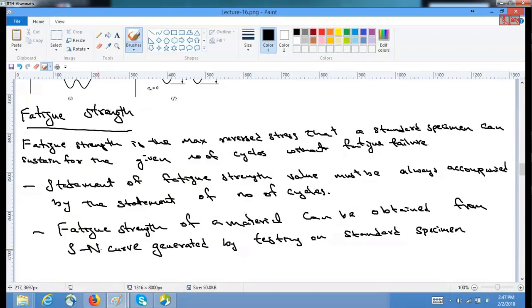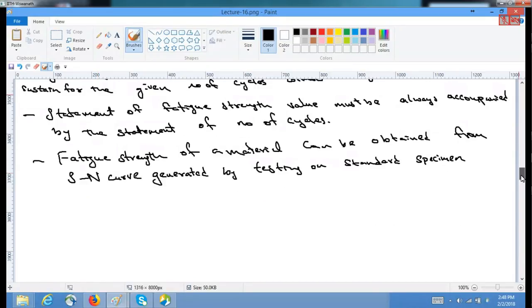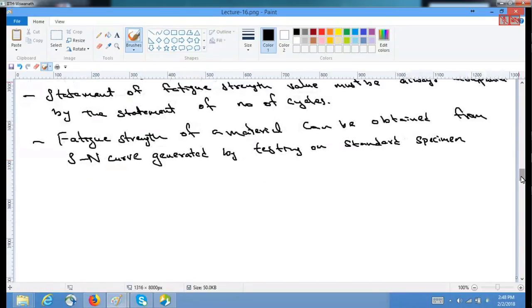In order to design the life of a component, one has to come to the concept of fatigue strength. To determine the fatigue strength, the SN curve will help you a lot. We will see how this SN curve can be developed using an experimental technique called Wöhler's diagram.